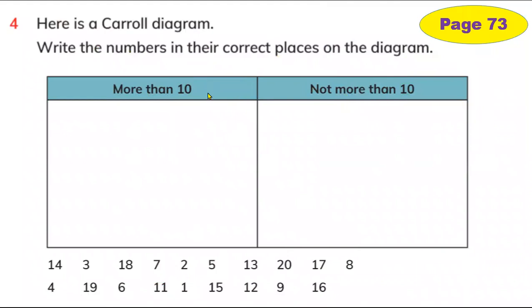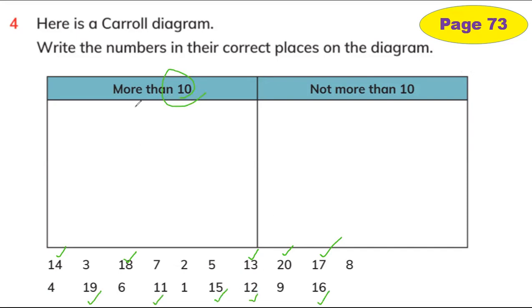So let's begin. Here, look what number is bigger, more than 14. Sorry, more than 10. So 14 and 18, then 13, 20, 17, 19, 11, 15, 12, and 16.